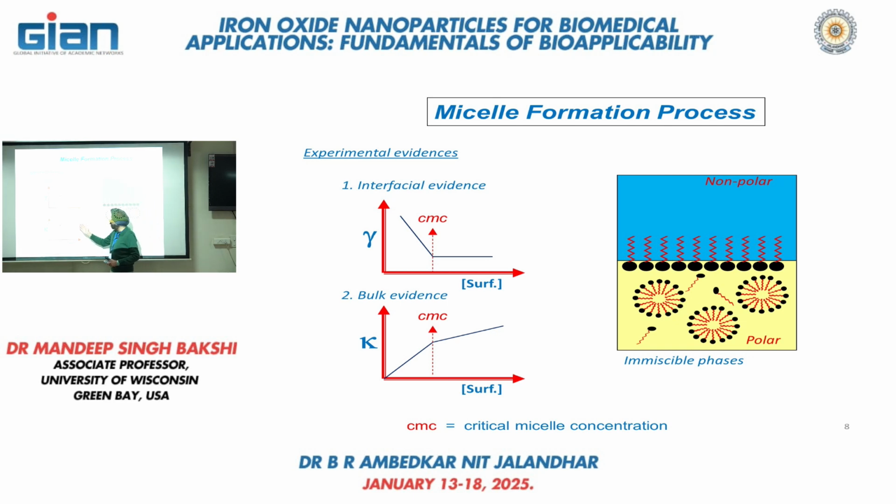In order to evaluate the bulk property, you perform conductivity measurements. If you are dealing with an ionic surfactant, conductivity is the most convenient technique which you can measure. Every college or high school has a conductometric instrument.